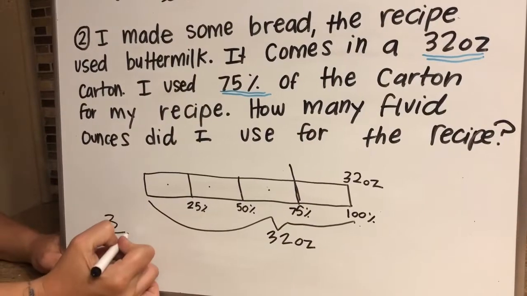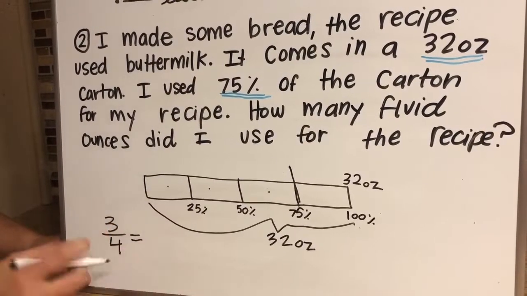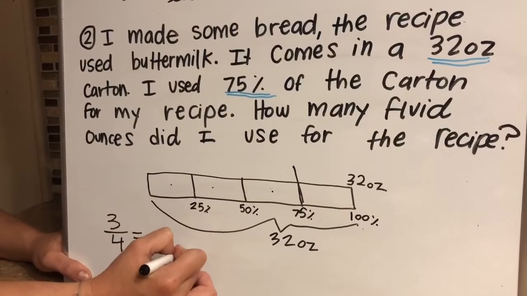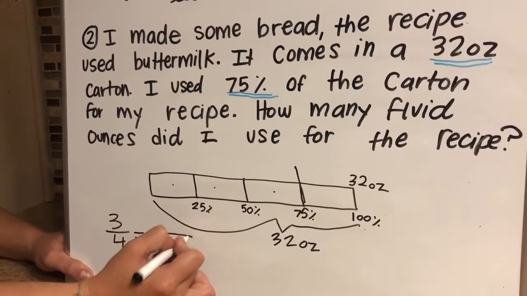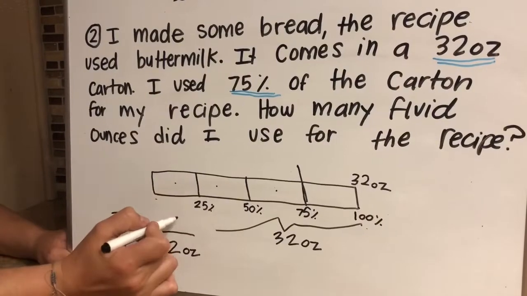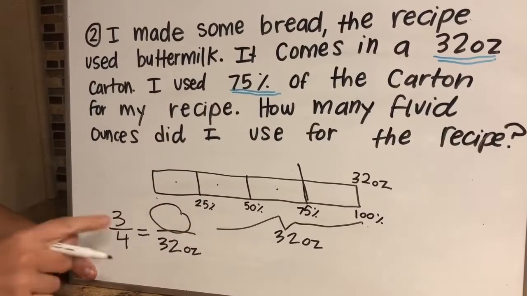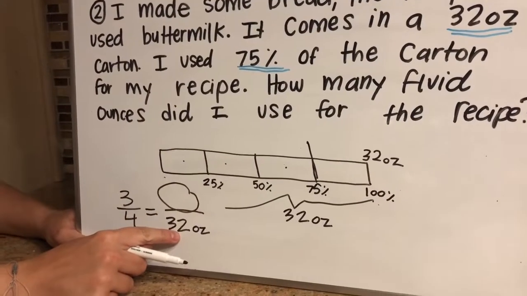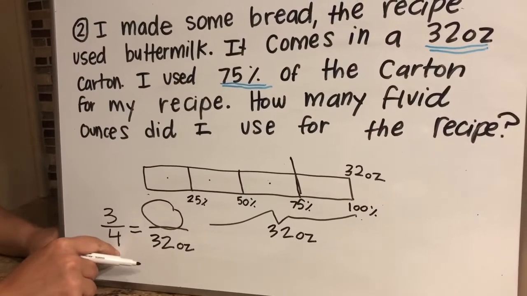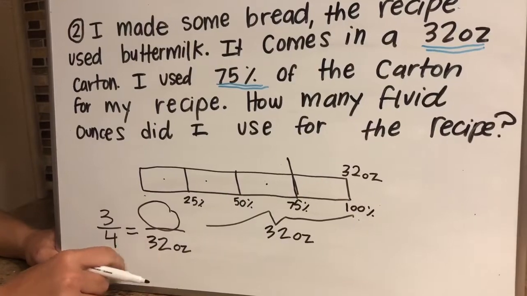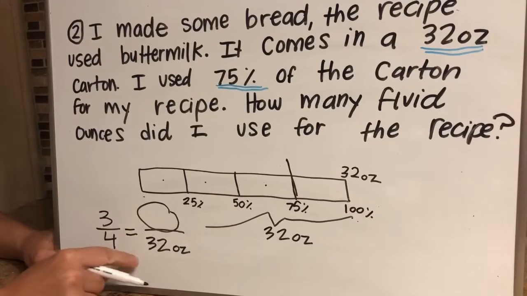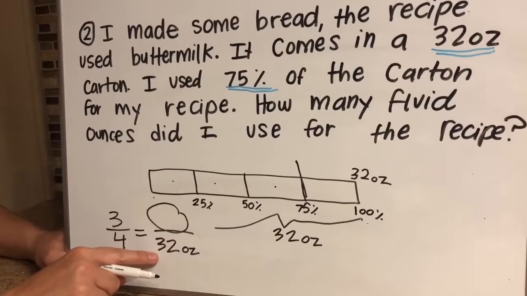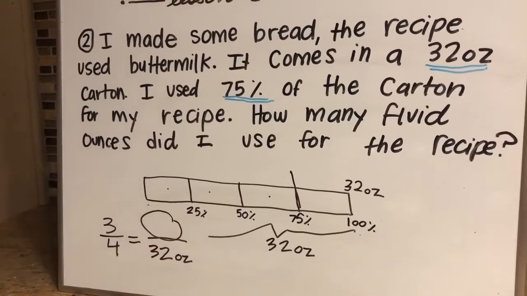If I know that 3/4 equals something, and 4/4 would be 32 ounces, right? But I want to figure out what goes right here. So 4 goes into 32 how many times? 4 times 5? Nope, that's 20. 4 times 7? Nope, that's 28. 4 times 8 is 32.